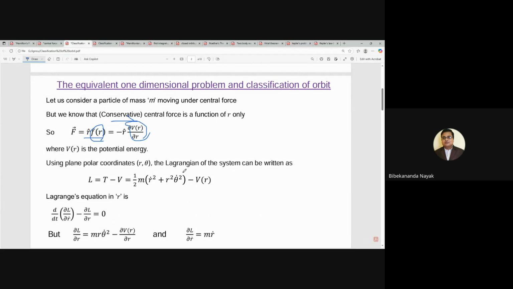Now we have to write the Lagrangian. Because central force motion occurs in a plane, we have to write the Lagrangian in plane polar coordinates r, theta. Kinetic energy, we know generally, is half m v square, or in polar coordinates v square is equal to how much? Half m r dot square plus r square theta dot square.